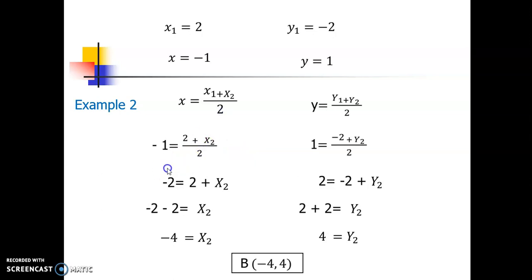Next, ito, bakit naging -2 equals 2 plus x sub 2? -2 to kasi parang ginawa dito, cross multiplication, -1 times 2 equals -2.